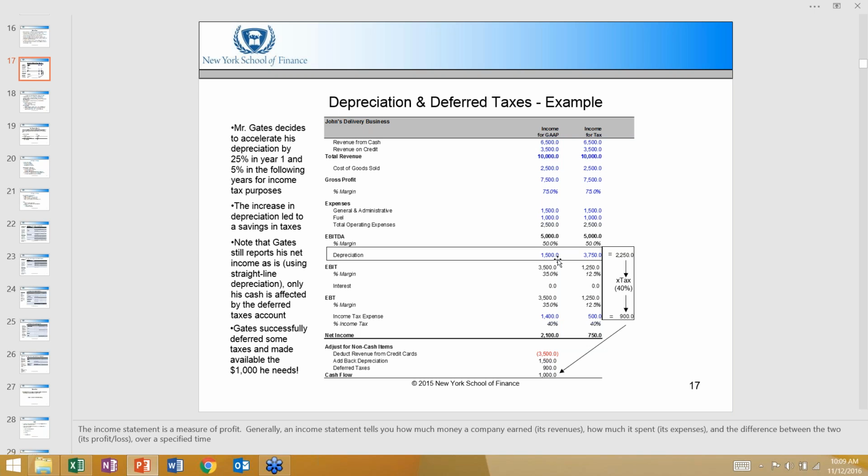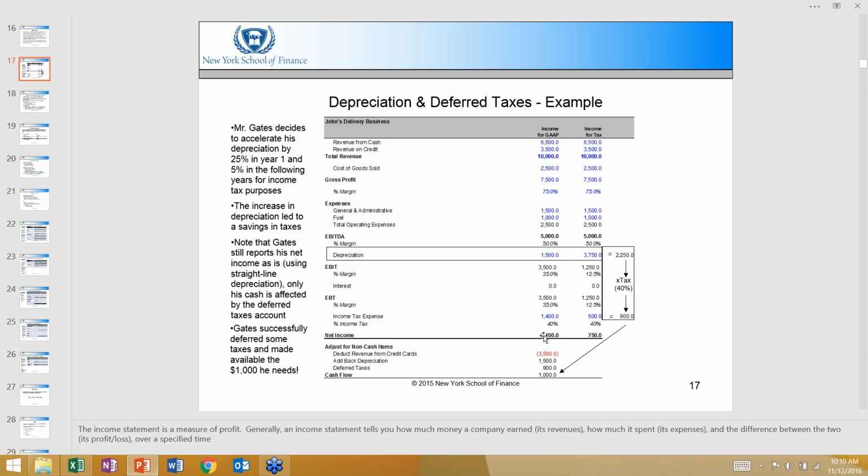In this example, with accelerated depreciation, we have a greater depreciation expense. What does that mean? If you have a greater expense, you have less taxable income. So here there's a benefit. First, showing a lesser expense for GAAP purposes shows higher net income, higher EPS for your shareholders.